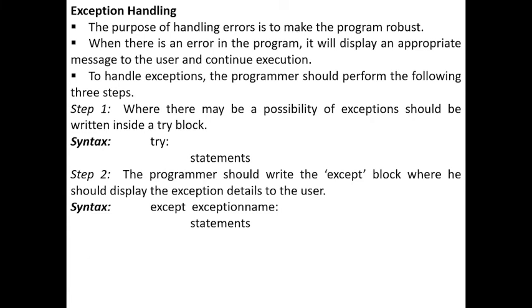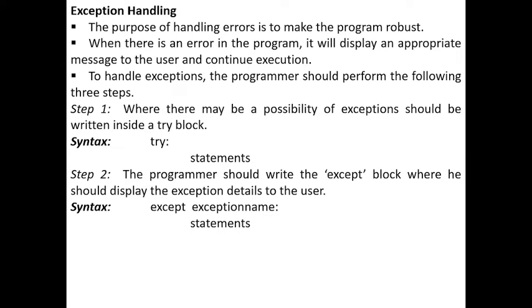Exception handling. The purpose of handling errors is to make the program robust. When there is an error in the program, it will display an appropriate message to the user and continue execution. To handle exceptions, the programmer should perform the following three steps.